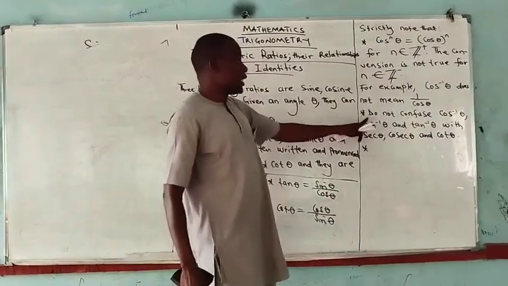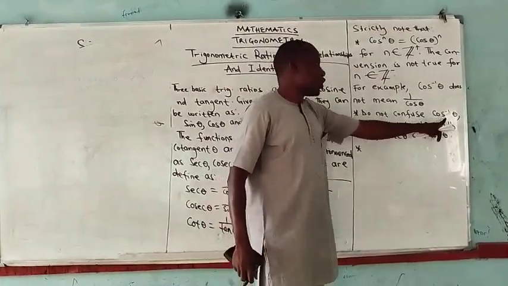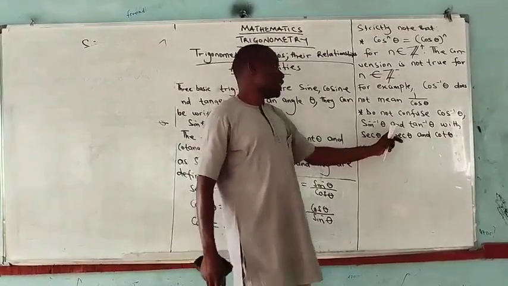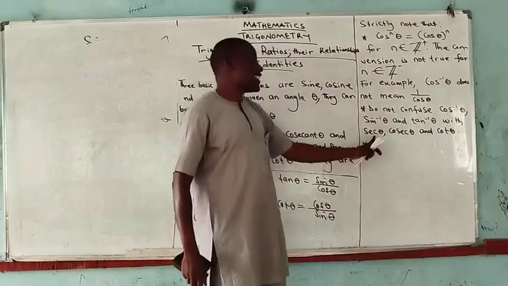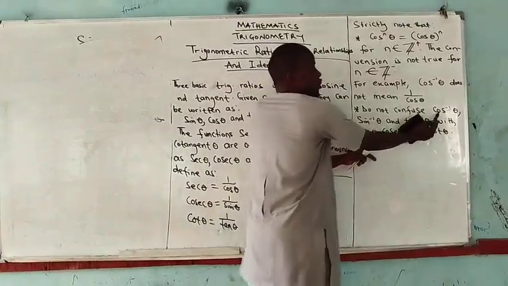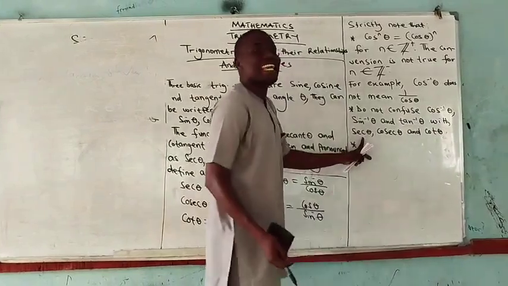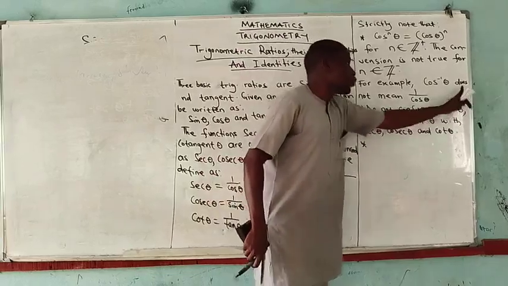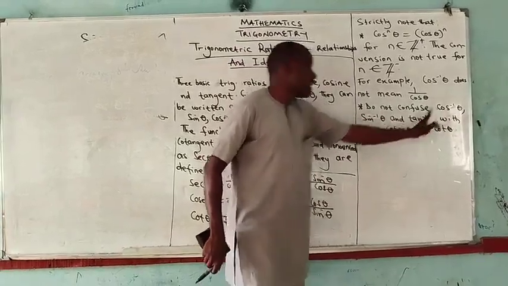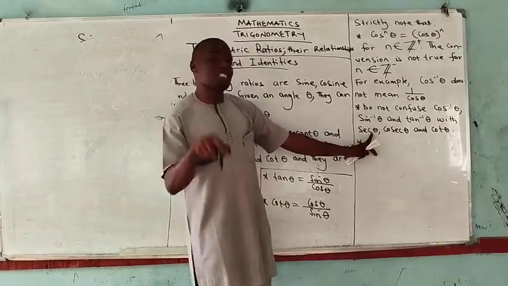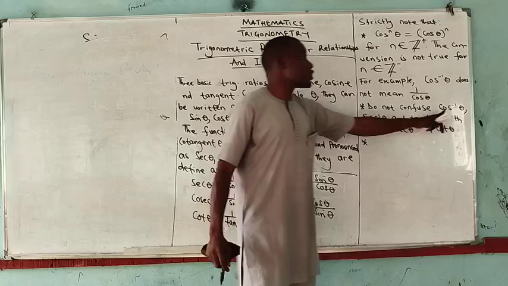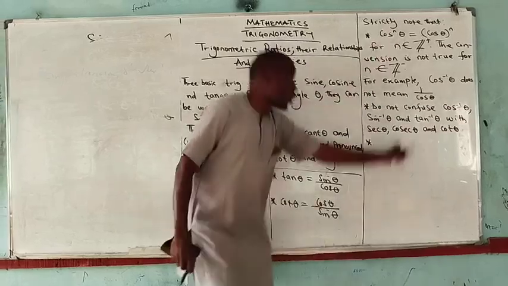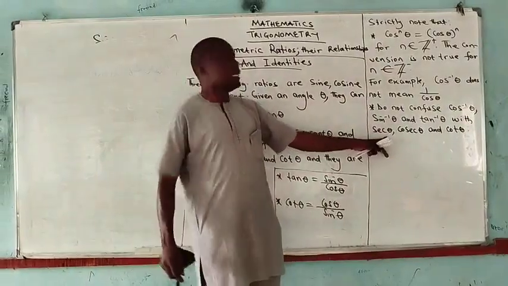Another thing to know is that we should not confuse cos inverse of theta, sine inverse of theta, and tan inverse of theta with sec theta, cosec theta and cot theta. Since cos to the power minus 1 theta is not 1 over cos, you cannot confuse it with sec theta, which is 1 over cos theta.